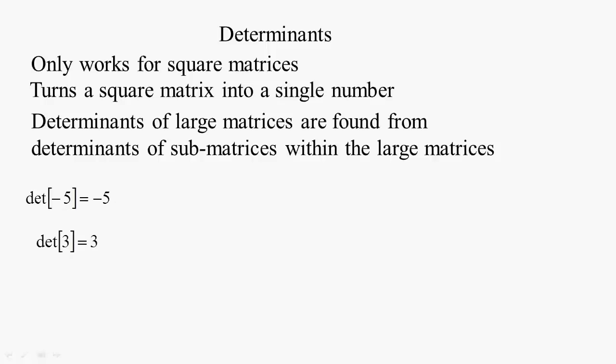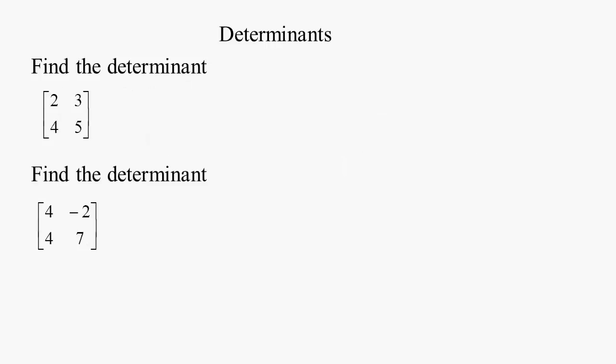The determinant of this 1 by 1 matrix, it's a very small, almost silly matrix, but it's 1 by 1. Its determinant is 3. The determinant of any 1 by 1 matrix is just the entry in that 1 by 1 matrix. So then how do we use that to get the determinant of a 2 by 2 matrix?